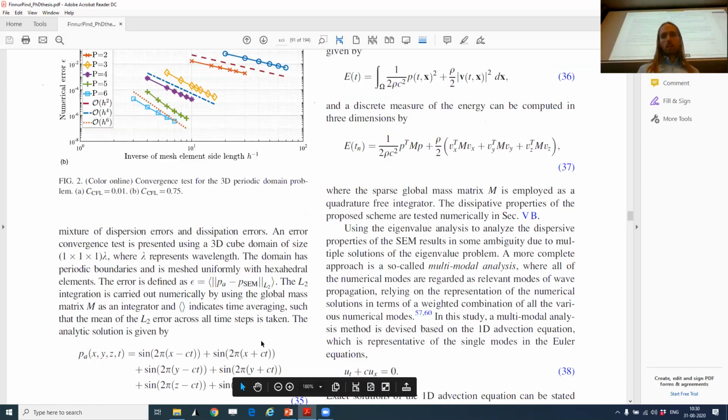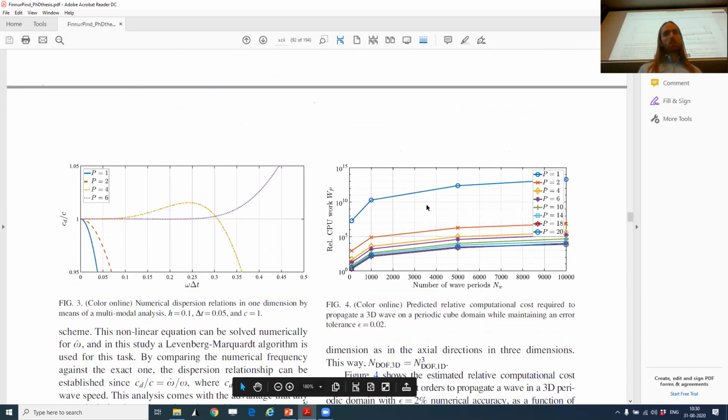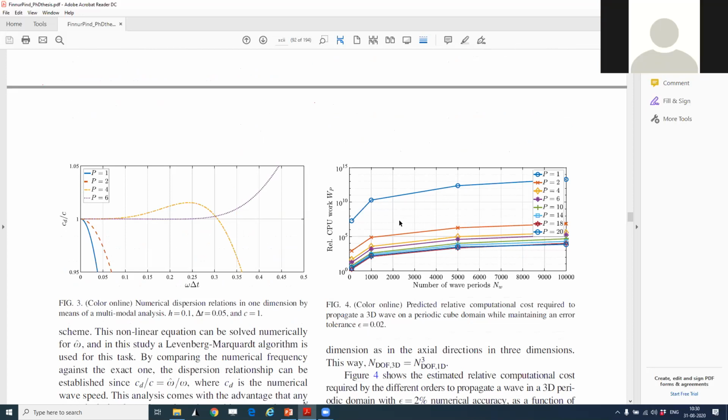This plot here tries to take this into account. So here we take into account both the smaller time step and the added degrees of freedom. And it is a simplified measure, so it doesn't take into account all details of parallel computing and all that. But we see that the computational work effort is reduced when we go to higher order. Yep, that was my question for this part.